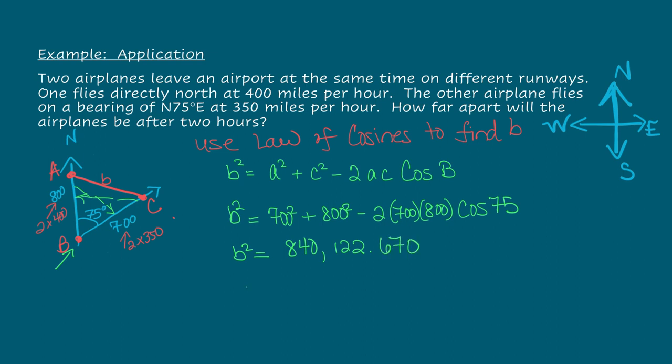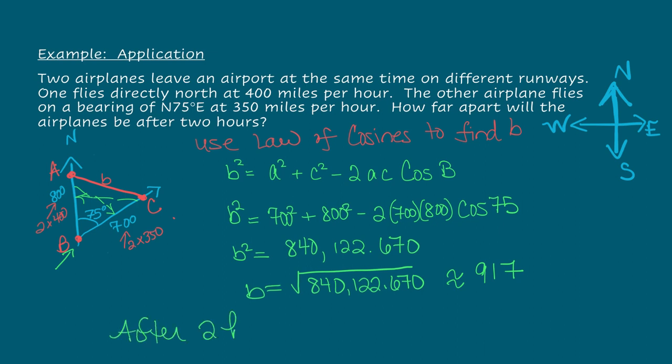So then I need to take the square root in order to solve for b, which is approximately 917. I'm not going to keep any decimals because we're going to just round to the nearest mile. So after 2 hours, the planes are approximately 917 miles apart.